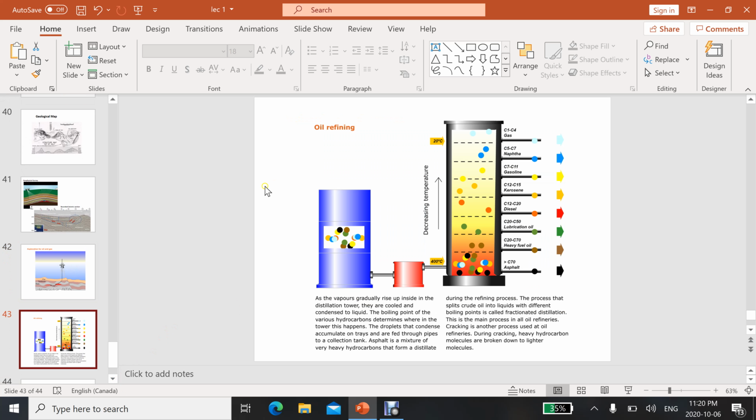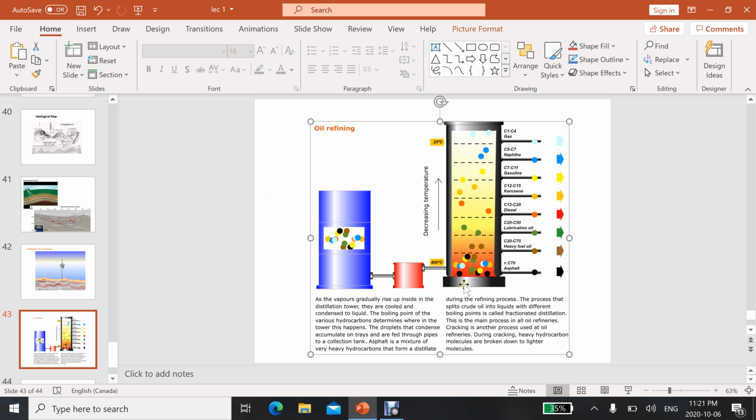After drilling, there is an important step of oil refining. Again, it is mostly relevant to geochemical or chemical engineering, but as a geological engineer, you must have a basic idea about this refining process. As the vapors gradually rise up inside the distillation tower, they are cooled and condensed to liquid.